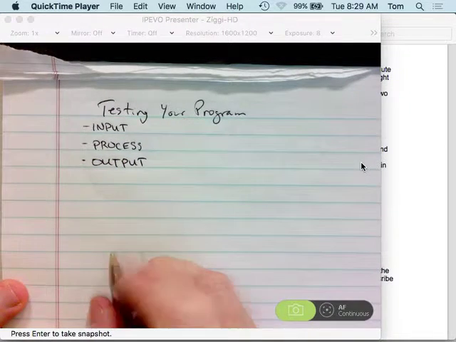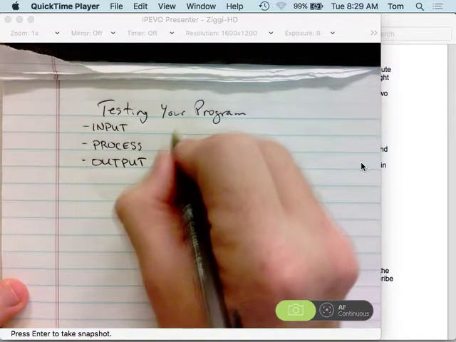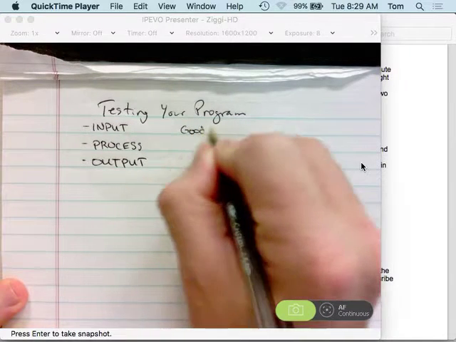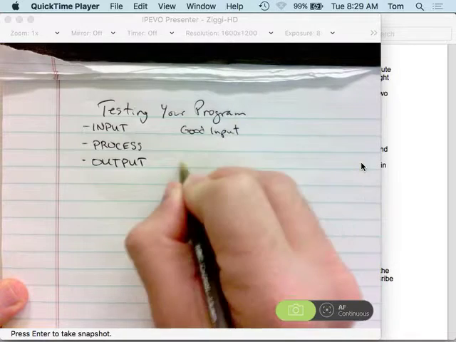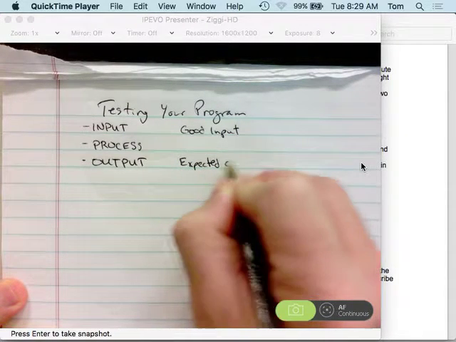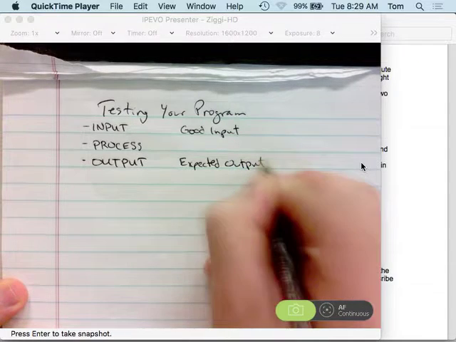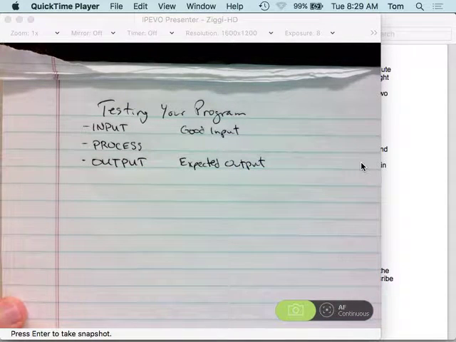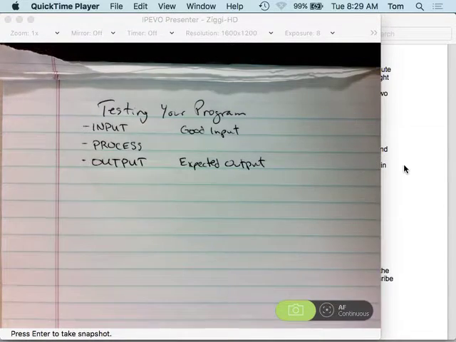So what we want to know is, if we have good input, do we get the expected output? For the problems that we're looking at right now, we've got to figure out what that expected output is. All right, so let's look at a couple problems here.